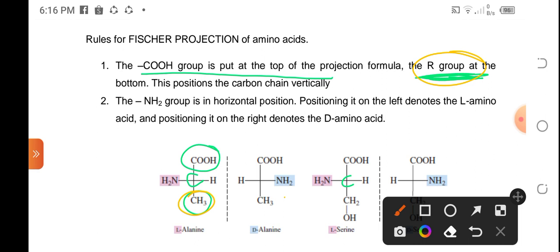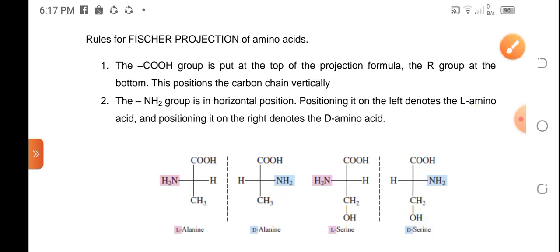And then the positions of the hydrogen and the amino group are on the left and on the right side. So the amino group could be on the horizontal position. So andito siya, either sa left side or the right side. At yan ang magde-denote kung ano ang ating amino acid, if it is a left-handed or a right-handed amino acid.